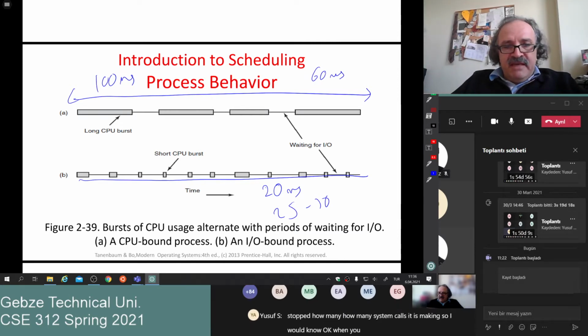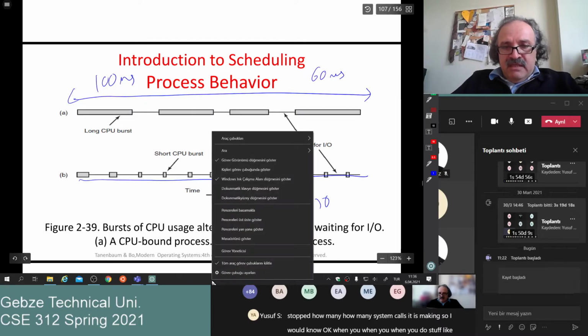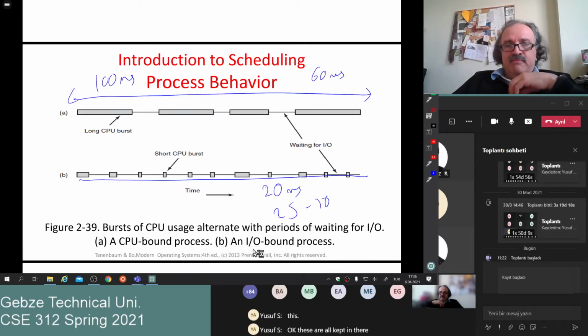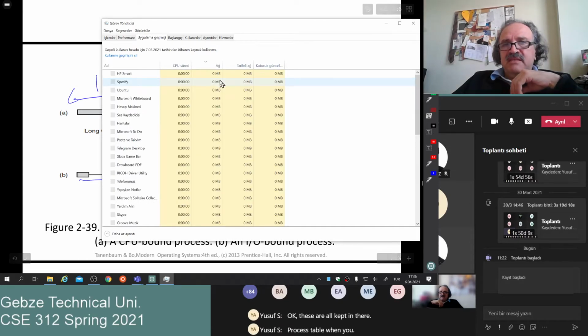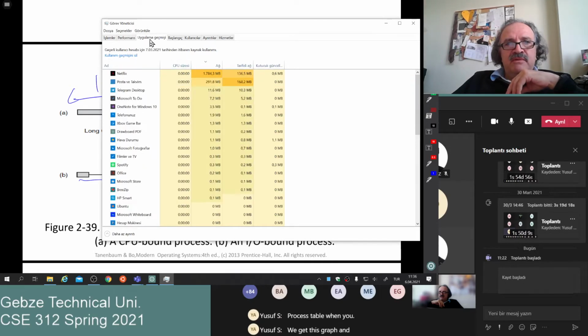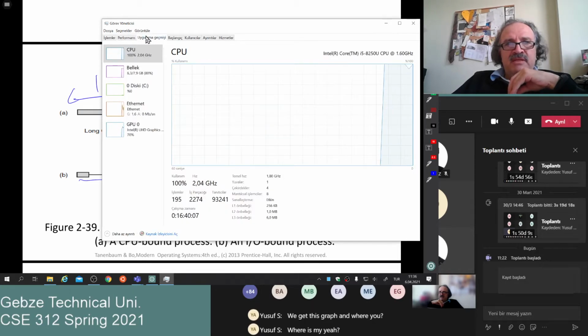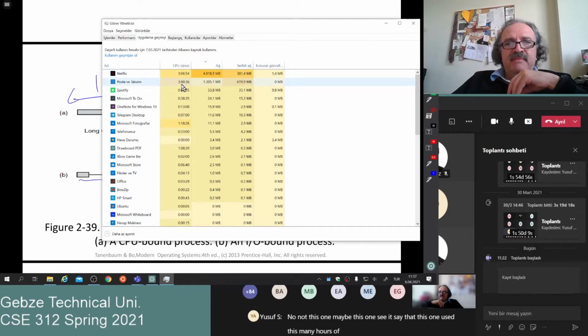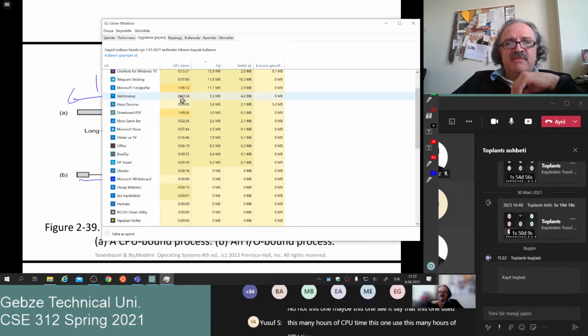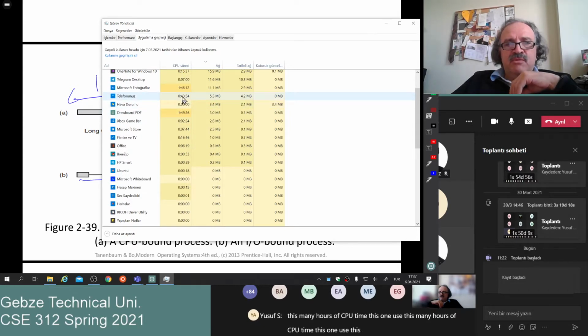These are all kept in the process table. When you look at this graph, it says that this one used this many hours of CPU time, this one used this many hours of CPU time, right?